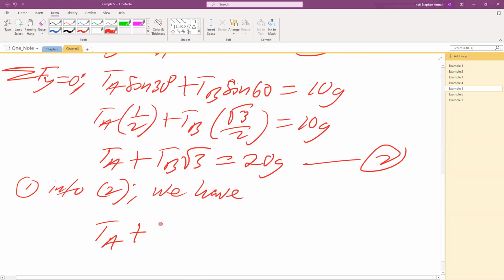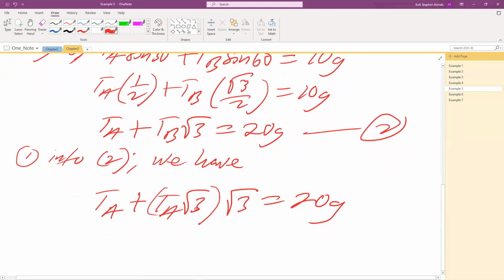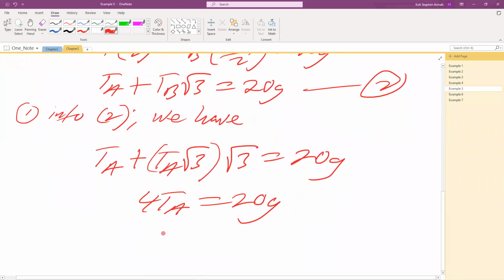So this is TA root 3, times another root 3, equal to 20G. Root 3 times root 3 is 3, so this is 3TA, and this is 1TA, so it becomes 4TA equal to 20G. Nice numbers to work with. So TA is equal to 5G.